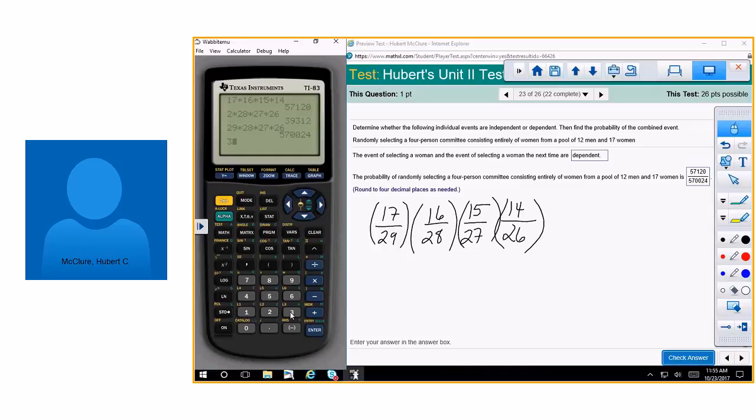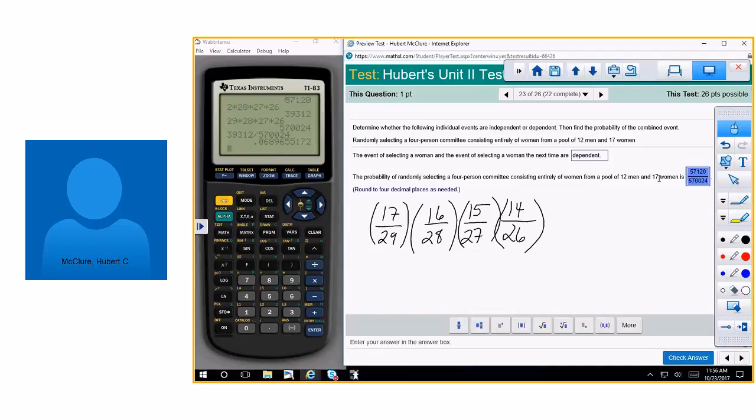Okay, 39,312 divided by 570,024 equals point, what did it say, round to 4, 0.0690.